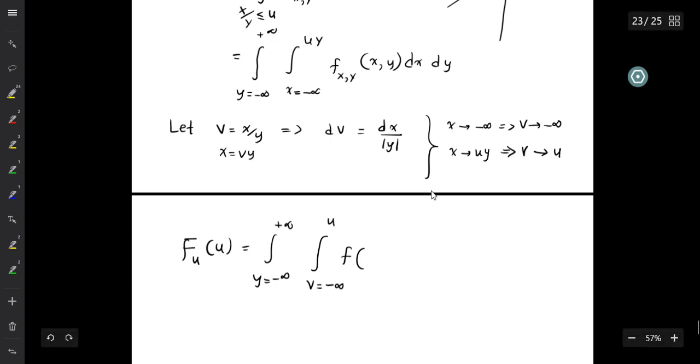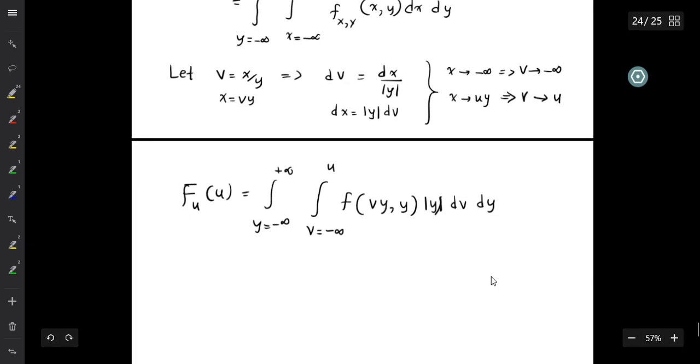So you have f(v times y, y), and instead of dx, we have dv times the absolute value of y. So dx becomes absolute value of y times dv, and we have dy outside. So this is our second step.